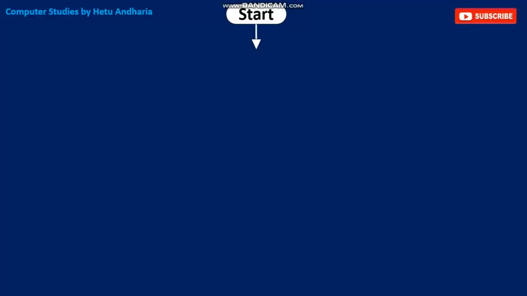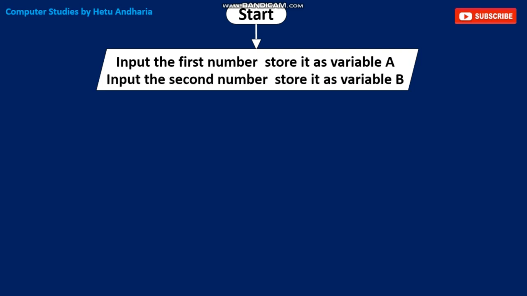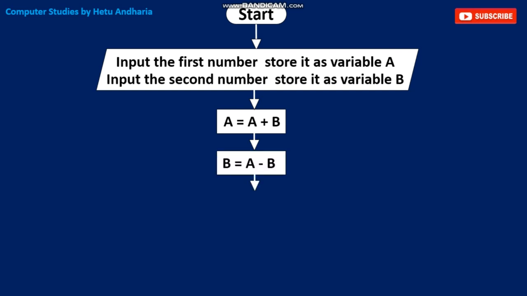So terminal symbol, start, down arrow key. Same steps, input the first number, store it as A, and input the second number, store it as variable B. Then next step is A is equal to A plus B. And B is equal to A minus B. And third step, A is equal to A minus B. You will not be able to understand like this way.